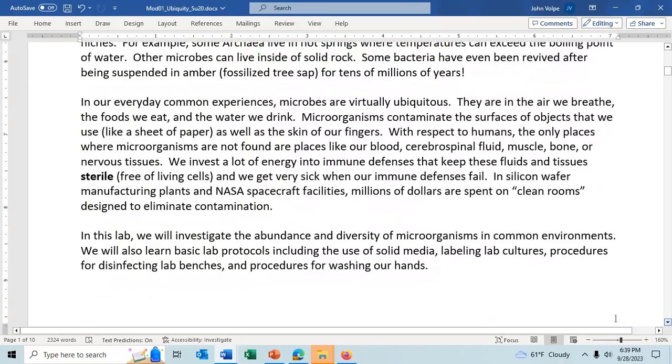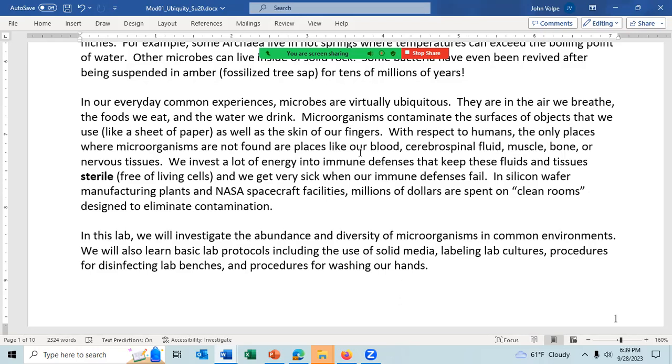The only place where microbes are not found would be internal to a human body or maybe an animal body, like in the blood, the cerebrospinal fluid, the muscle. Normally, those areas do not have microbes, and you would have an infection if you did have microbes in those areas.